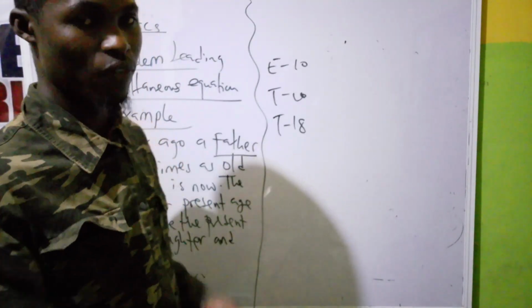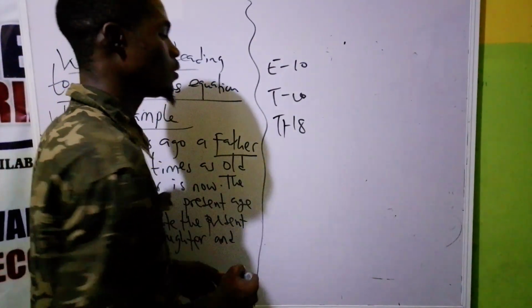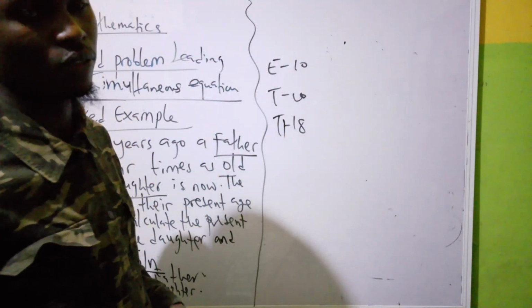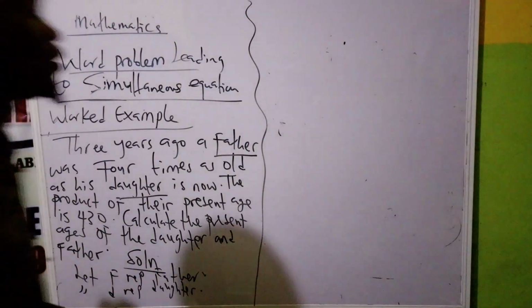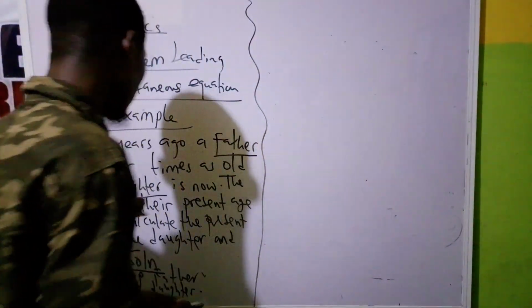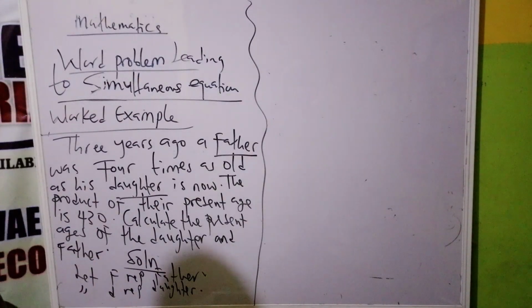If it's in time, it will be plus. Ago, it is minus. You understand? That is just the simplest form.